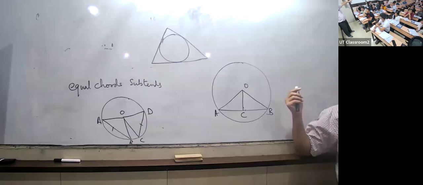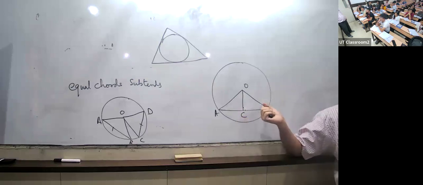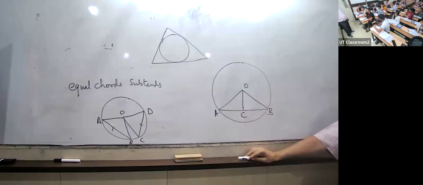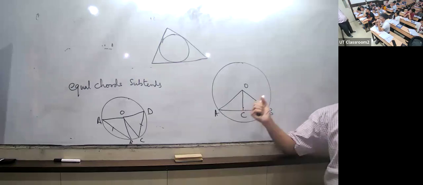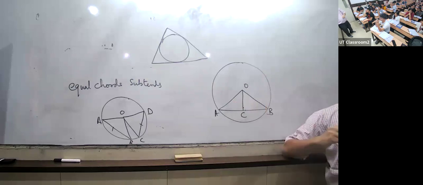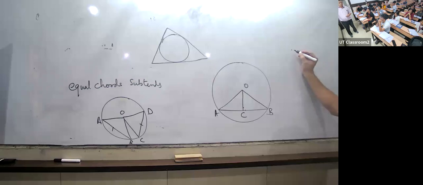If you consider 3 collinear points, there is no circle passing through them. When 3 points are collinear, you cannot draw a circle. If you consider one single point, infinite circles can be drawn.